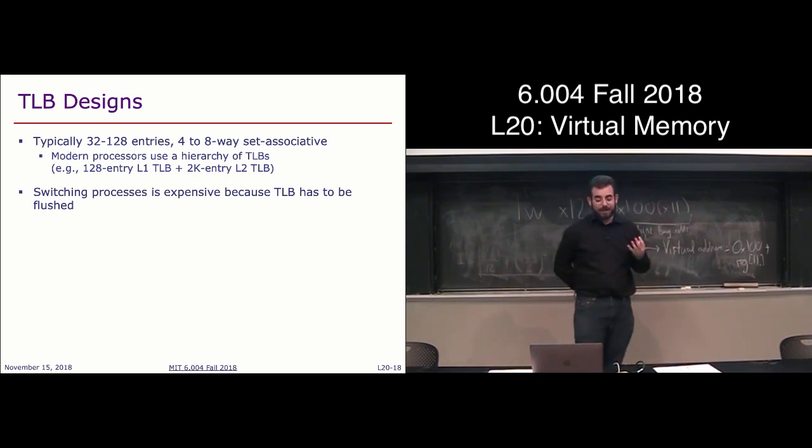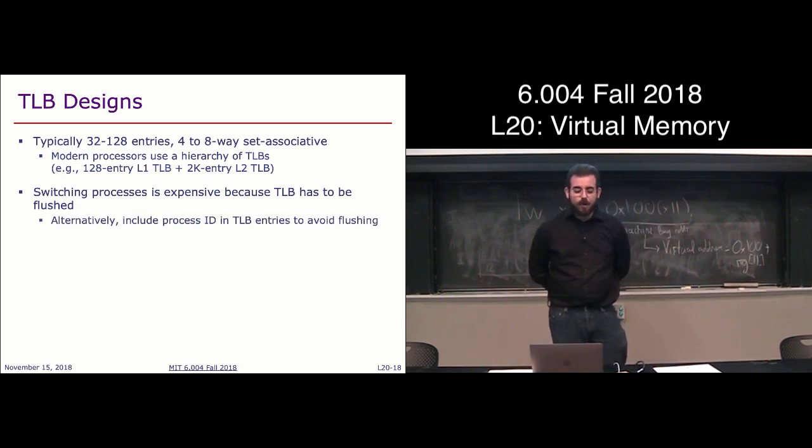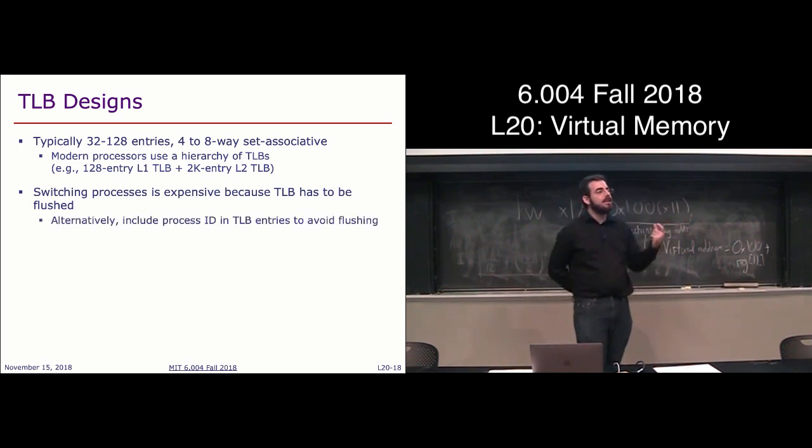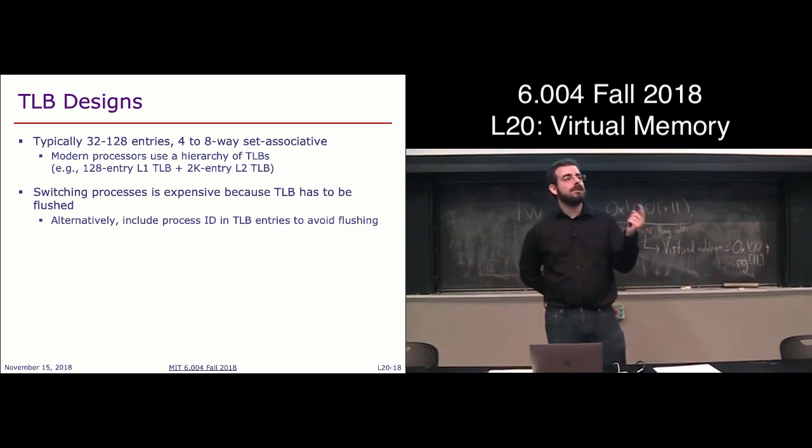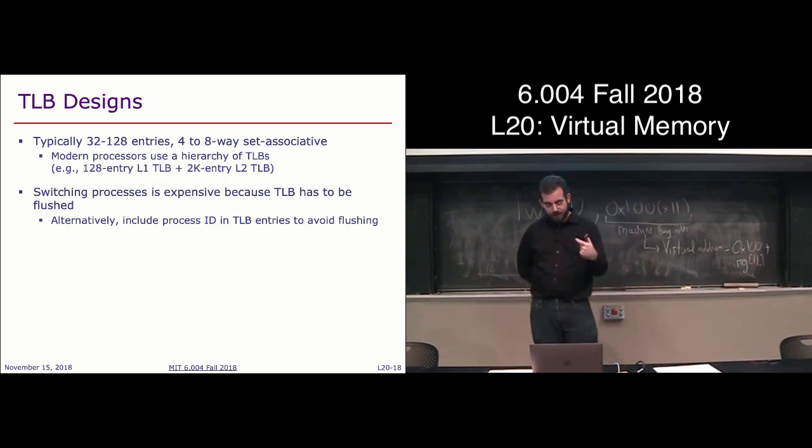So you have this problem of staleness, and we could solve this by including the process ID in the tag, so that we can have context switching among multiple processes, and we only get a match if the process ID matches and the virtual page number matches.